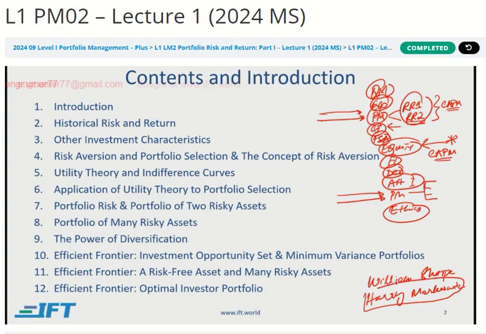Harry Markowitz came up with the modern portfolio theory, which you will be studying. William Sharpe came up with the Sharpe ratio, which is also something that you're going to be studying. And all of this theory, when risk and return part 1 and part 2, is slowly going to build towards those theories. So let's get started.